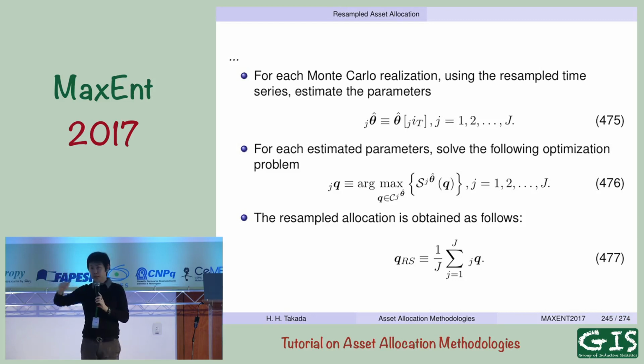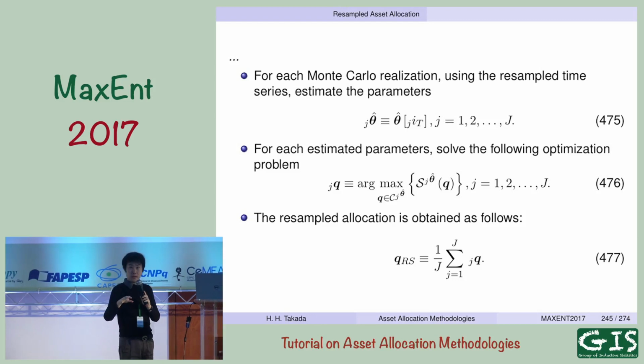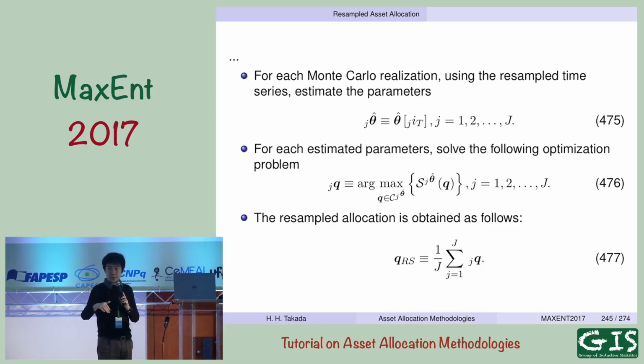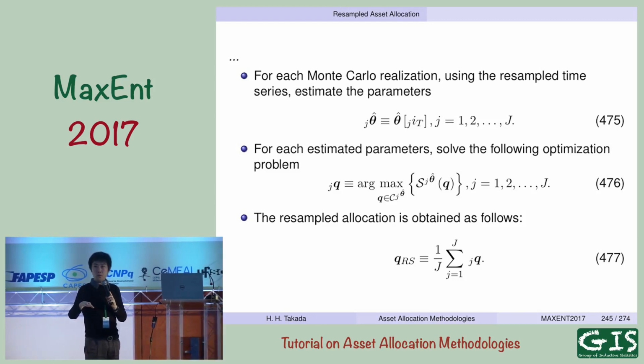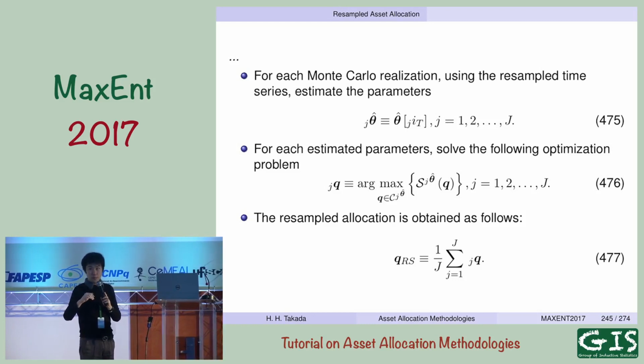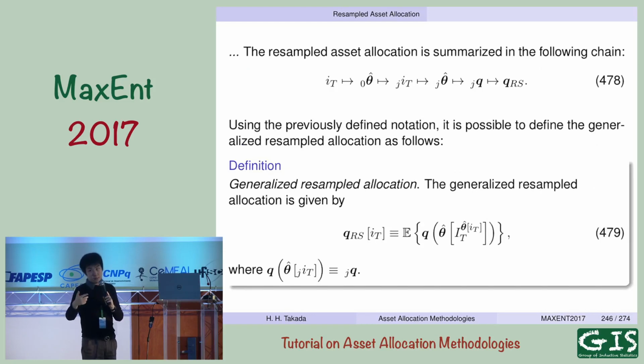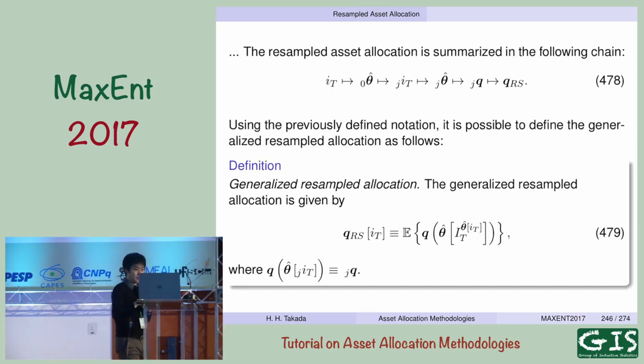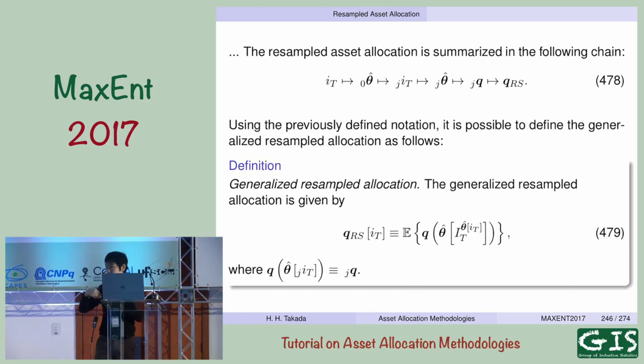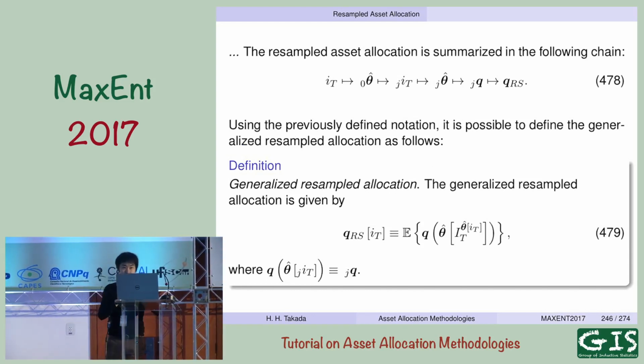So that's the problem that the methodology here is addressing, because making the average at the end of the procedure makes the allocation smoother. And if you have uncertainty in the input parameters, the resulting allocation will not change very much over time. So you don't need to rebalance the portfolio if something changes a little bit. Otherwise, it would be necessary to do that, and it will incur transaction costs.